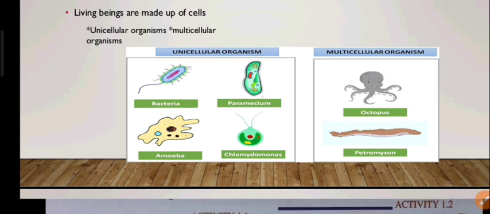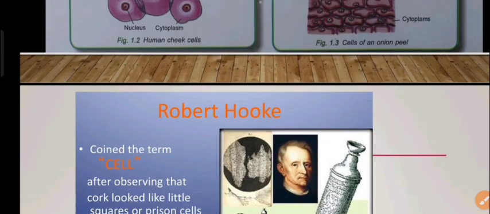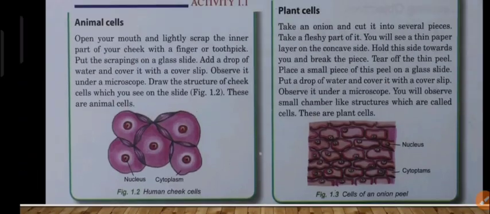Okay, understand? This is all about the cell. Who coined the term cell? Robert Hooke, a scientist. In 1665 he used his basic microscope, examined, and coined the term cell.